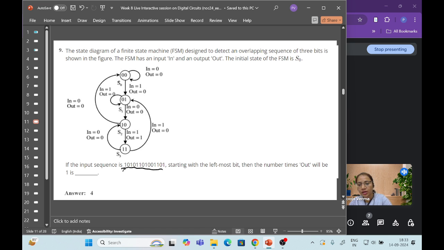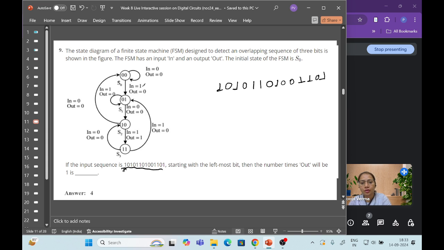Okay, so first is 1, right? Let's see, when in is equal to 1, where the states are moving. I will write the sequence here: 1 0 1 0 1 1 0, then 1 0 0 0 0 1 1 0 1.